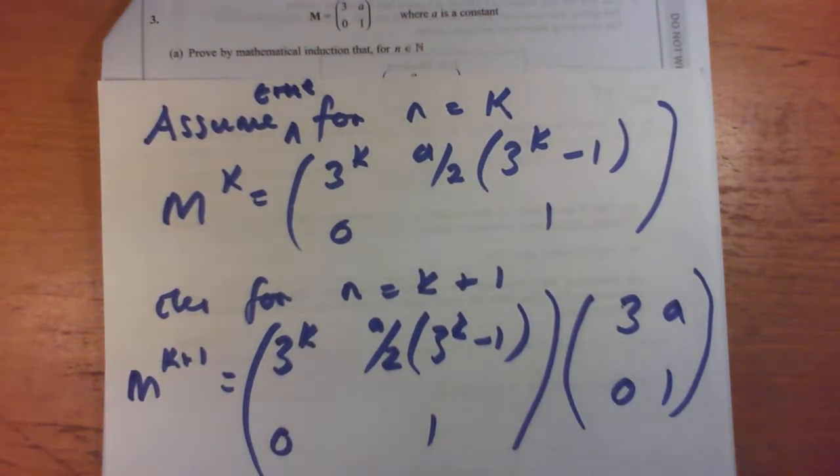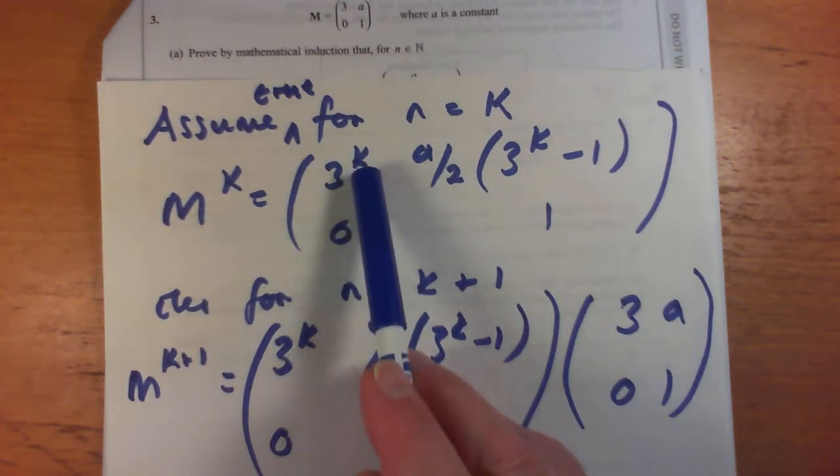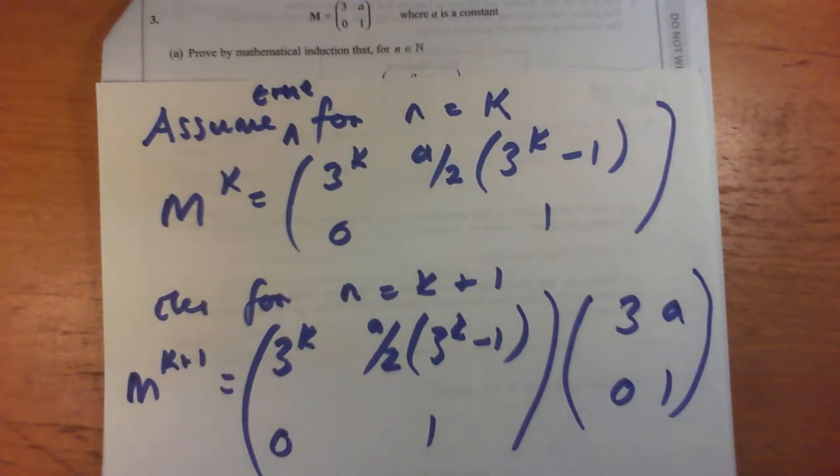You follow that through, and you know what you're going to get: this expression with all the k's substituted with k plus 1.